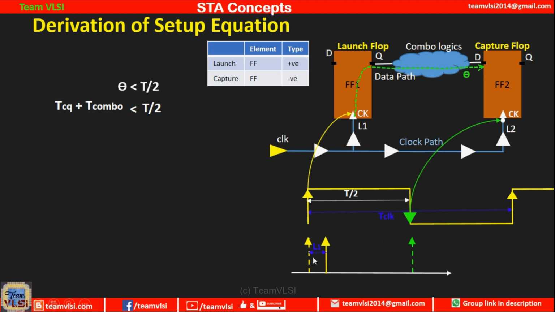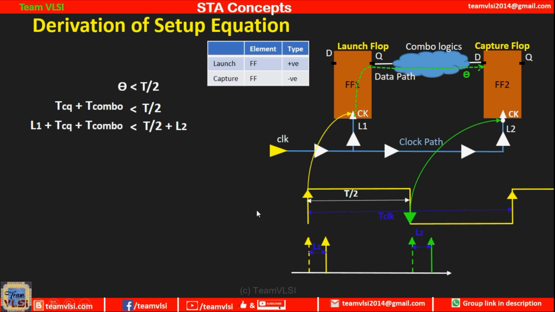The clock edge will reach the CK pin of the launch flop after L1 time, and similarly this edge will reach the CK pin of the capture flop after L2 time. So let's include these two latencies in our equation: L1 plus TCQ plus T combo should be less than T/2 plus L2.